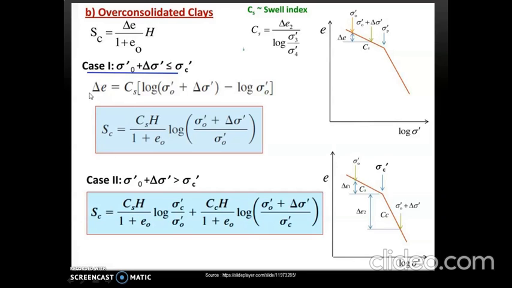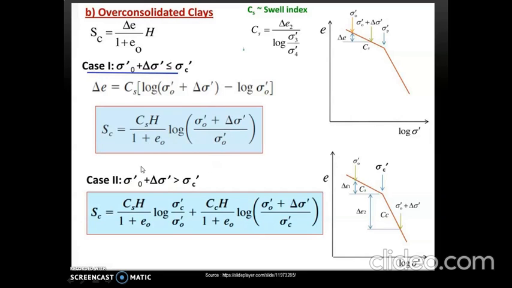And we will substitute the equation for delta e in the equation to find Sc. So we get consolidation settlement Sc as equal to Cs into H divided by 1 plus e naught into log of final effective stress divided by initial effective stress.